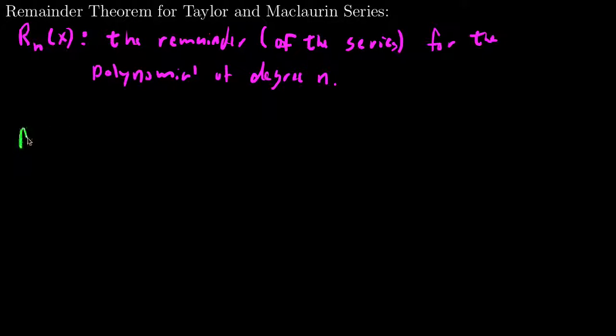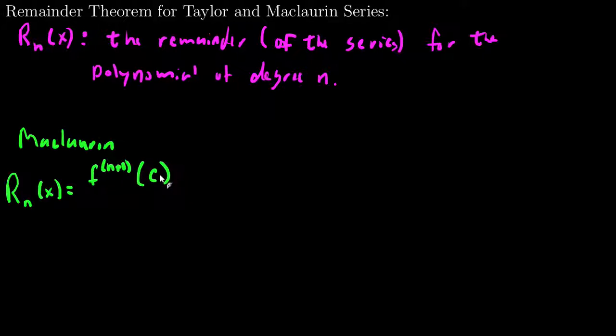So for Maclaurin, the remainder will equal the n plus first derivative of the function evaluated at some c, it's going to be in the interval, I'll tell you in a second what the interval is, divided by n plus 1 factorial times x to the n plus 1.